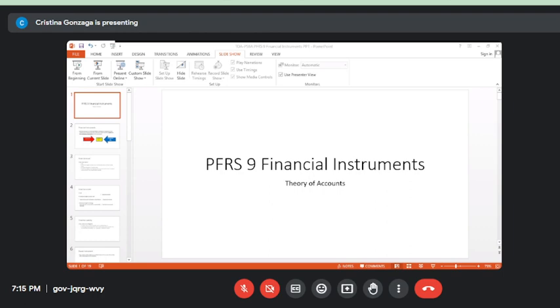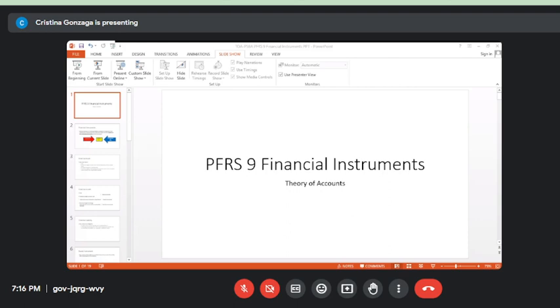Business model test is no longer relevant because automatically the derivative instruments and the equity instruments will be classified as fair value through P&L, except equity instrument wherein at the option of the company, the investor, it may classify the equity instrument as fair value through OCI.